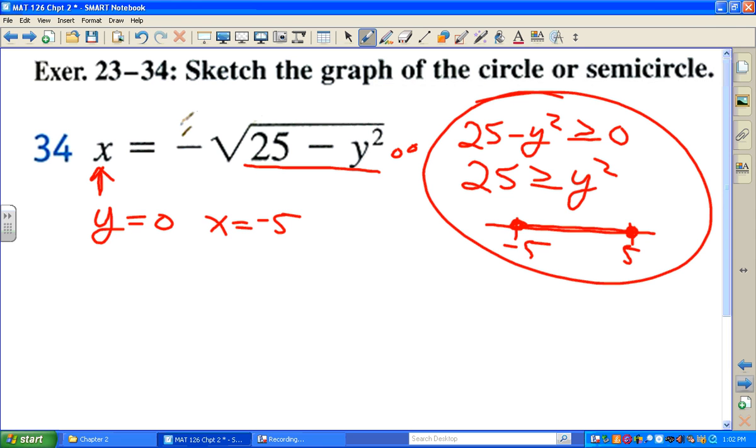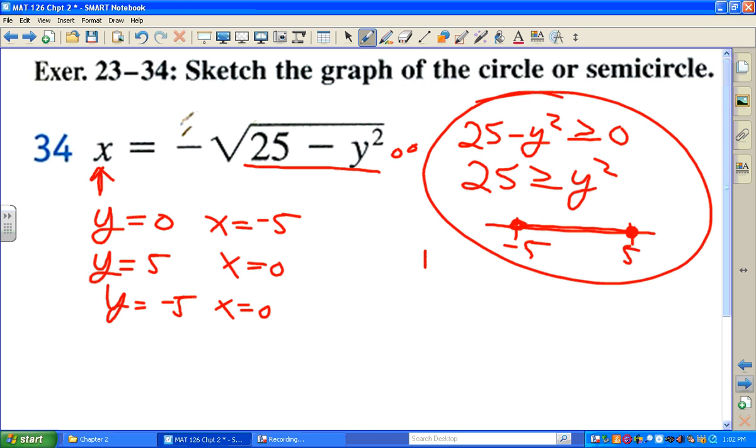Now if y equals 5, what does x equal? 0. And then, is y ever going to equal a positive 5? I mean, negative 5? Sorry. So what would x equal then? 0.